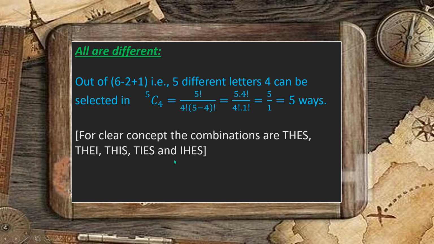The other 2 will be filled up from 4 different letters, as we have to take 2 S fixed. So the other 2 places will be filled up from 4 different letters in 4C2 ways.